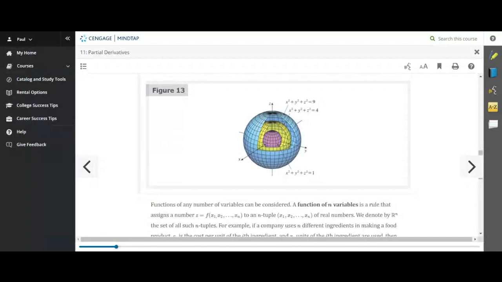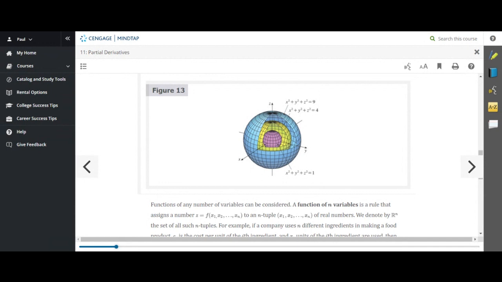Take a moment and look at that. So you see how the function grows outward, by looking at the level surfaces.